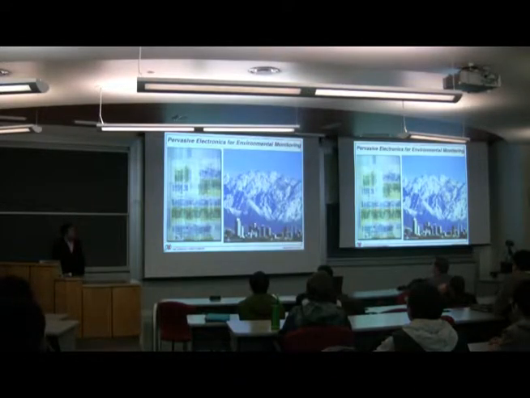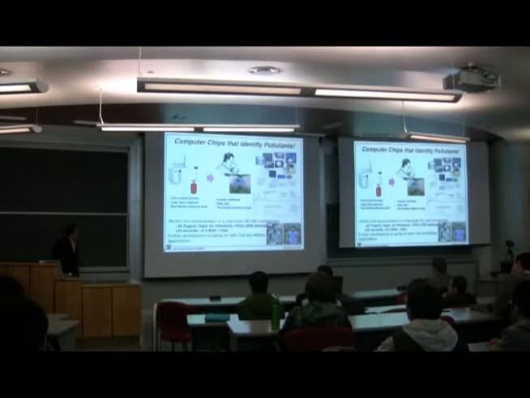Maybe the first platform could be monitoring environments, right? Electronics and environment. In Salt Lake City, we are living in one of the worst places in terms of air pollution, right? So maybe we could build chips that combine all these fluidics together so that we can control individual biological and chemical molecules.